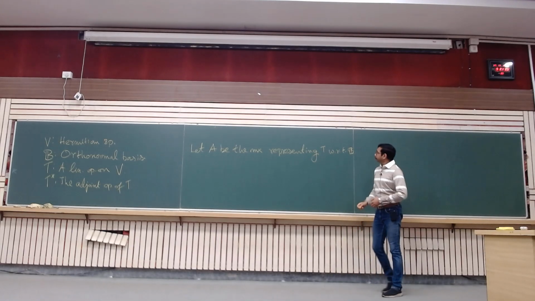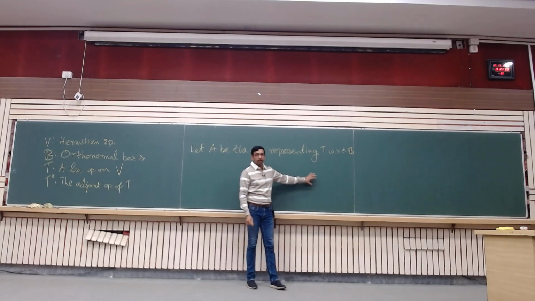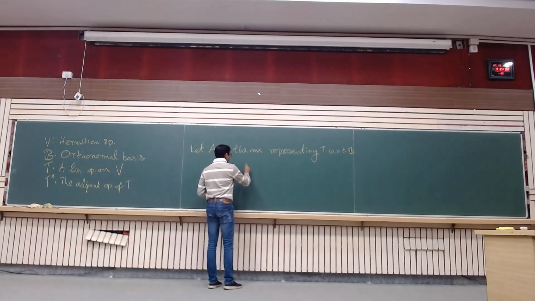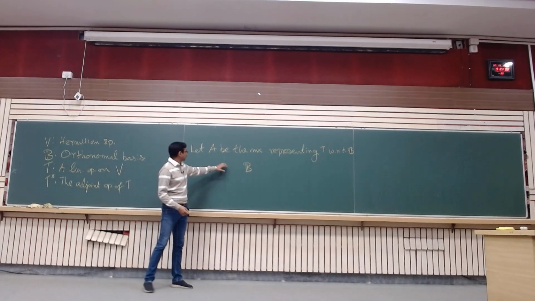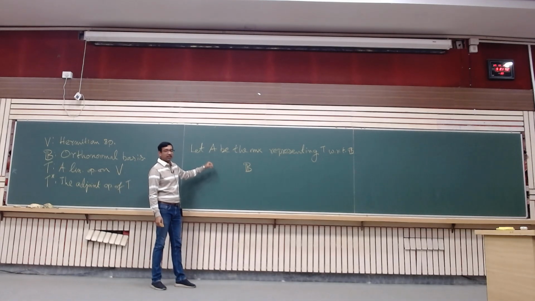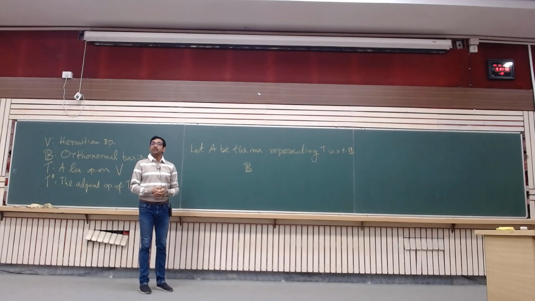Could you recall what is the relation between A and T? How we represented a linear operator in terms of a basis? B is your given basis and T is your linear operator. What is the equation that defines A in terms of T and B?